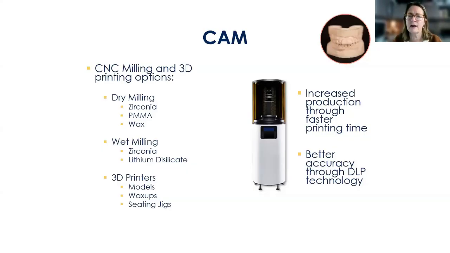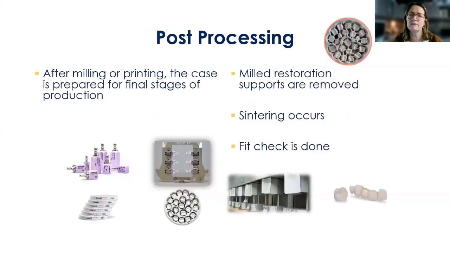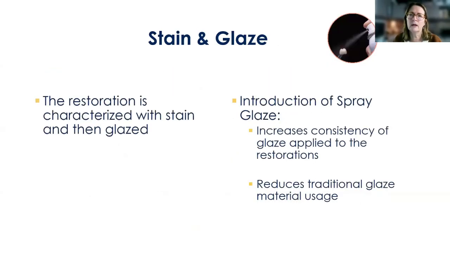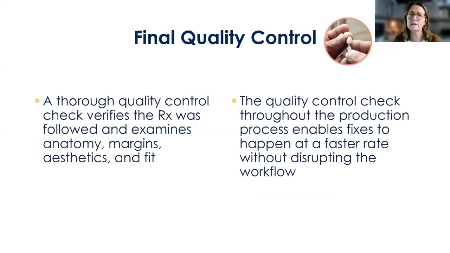Lots of different manufacturers, lots of different options with materials. The finalization of that crown is still very similar to what you would see with an analog fabrication of a crown. It's still characterized, it's still stained and glazed. That final QC still exists.